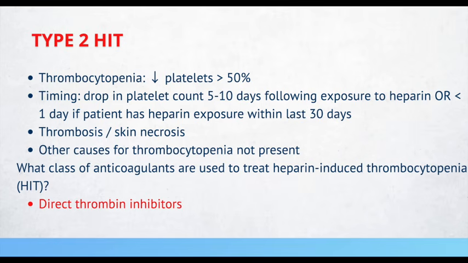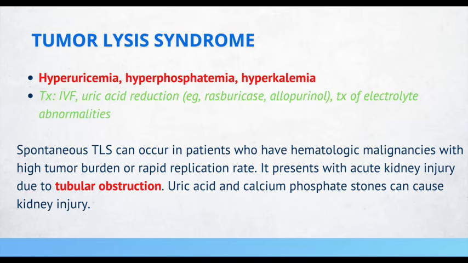In tumor lysis syndrome, you'll see electrolyte abnormalities such as hyperphosphatemia, hyperkalemia, hyperuricemia. And in order to treat these patients, you need aggressive IV fluid hydration, uric acid reduction with agents such as rasburicase, and treatment of any present electrolyte abnormalities.